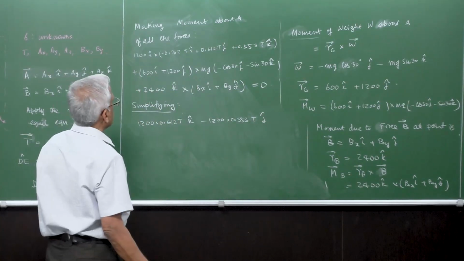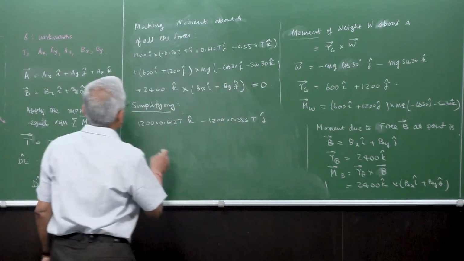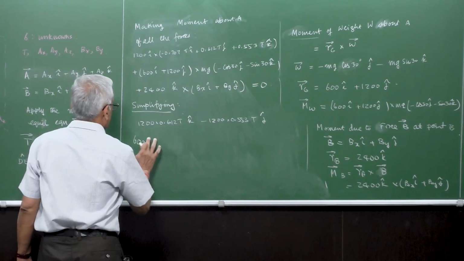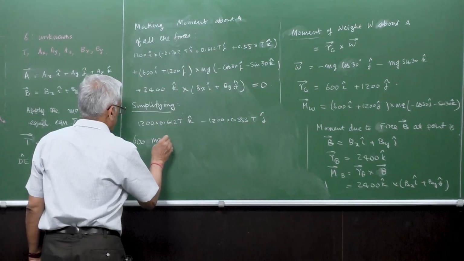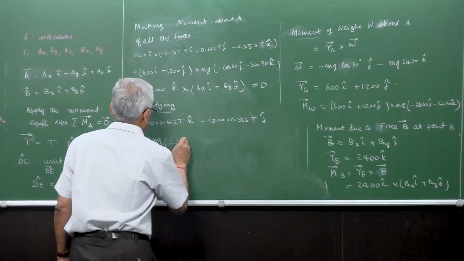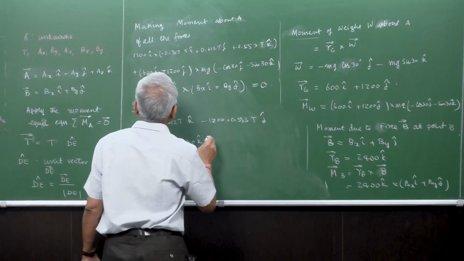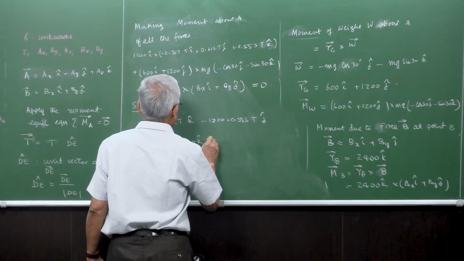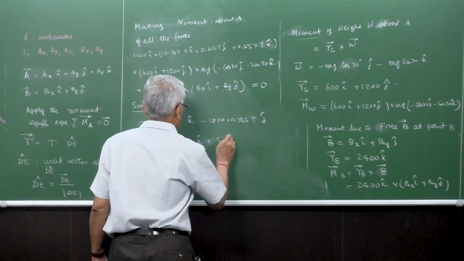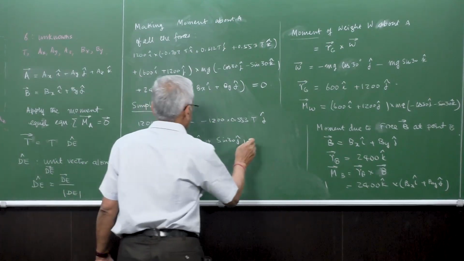And similarly here we have two things, i cross j and i cross k for the first one, so 600 mg, i cross j is k, so it is minus cos 30 k, and i cross k is minus j, and minus minus is plus, and it is sin 30. This is about i, and the same thing is there for 1200.